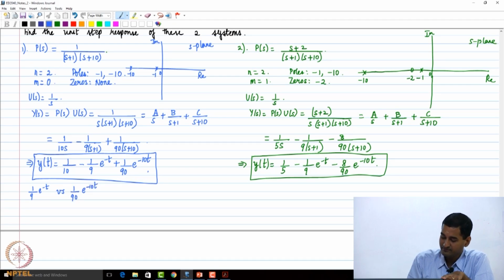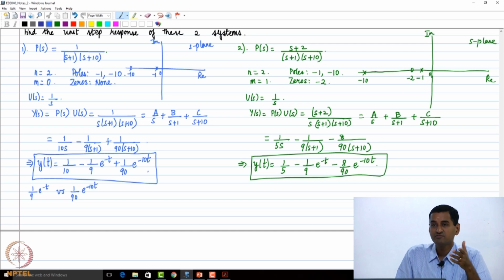First of all, e power minus t is going to dominate for a longer time, okay, or affect the output term for a longer time. Yes, of course, as t tends to infinity, both exponential terms will decay to 0. That's a different matter. But then e power minus t will have a longer effect, right, on the output than e power minus 10t. Okay, that's point number 1.